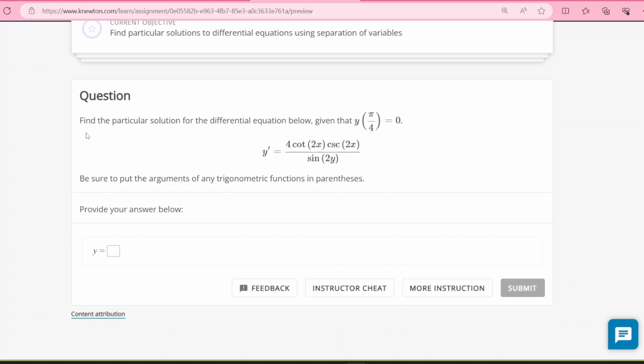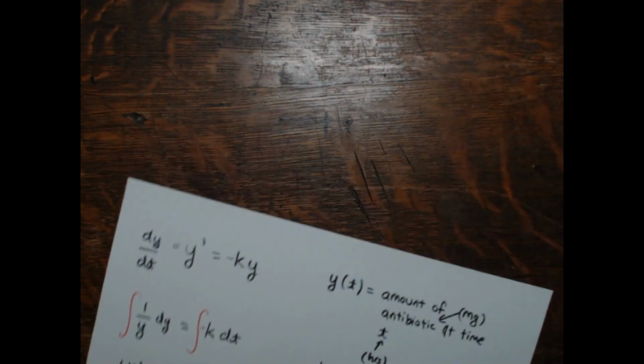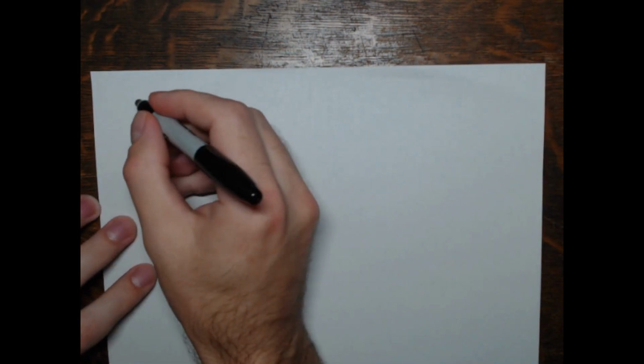So like here, we're asked to find the particular solution for the differential equation below. I've got this thing with all the trig functions in it. And we're given the following condition: the value of y when x is pi over 4 must be 0. So I will write out this initial value problem, this differential equation with conditions.